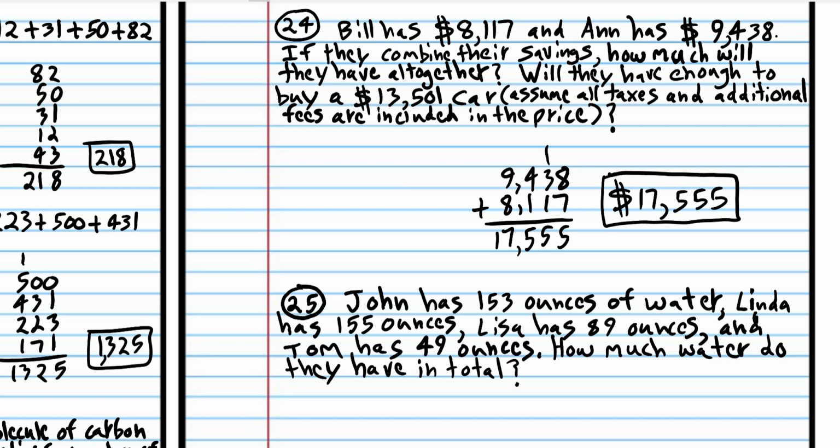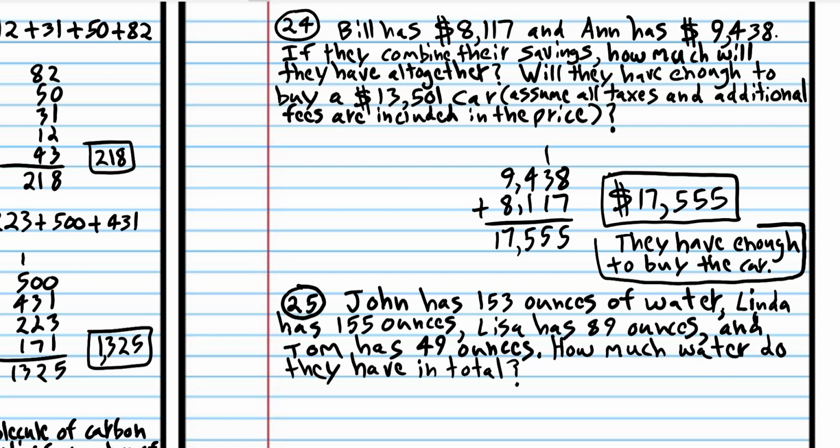So the answer is, and we should always write in complete sentences, let's just say they have enough to buy the car. And that's part of the answer, so you have to rectangle that. All right, I think that's right.